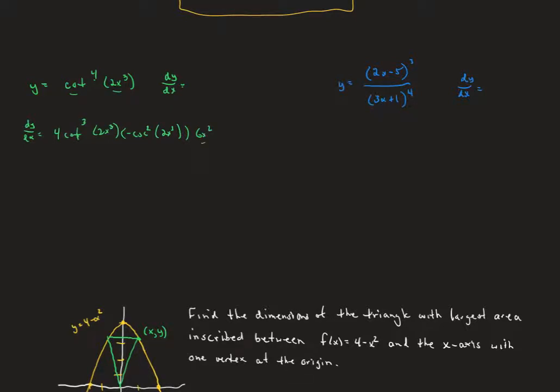So we'll bring the 6x squared, the negative, and the 4 all together out in front. So that's going to be a negative 24 x squared. Then we've got our cotangent cubed of 2x cubed, cosecant squared of 2x cubed. And I think we're good.